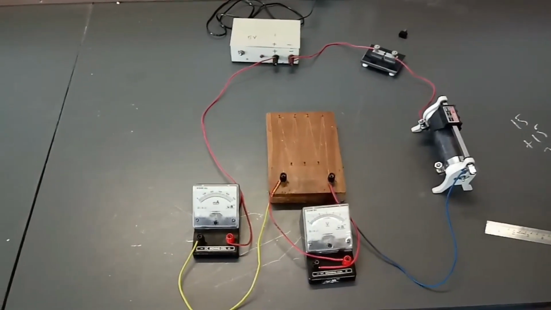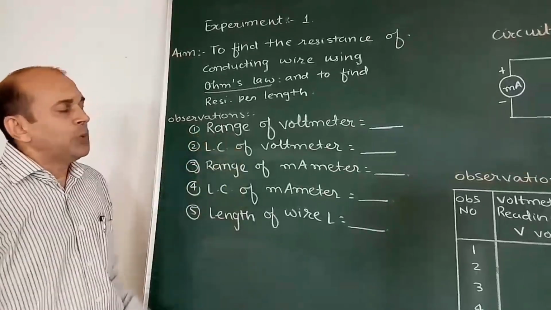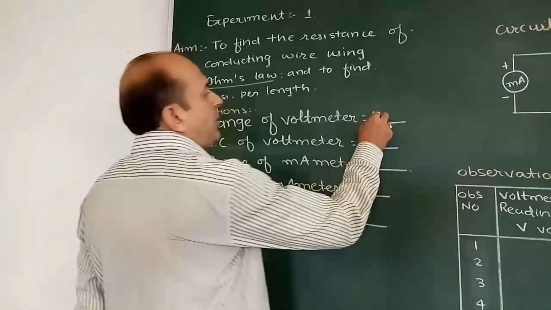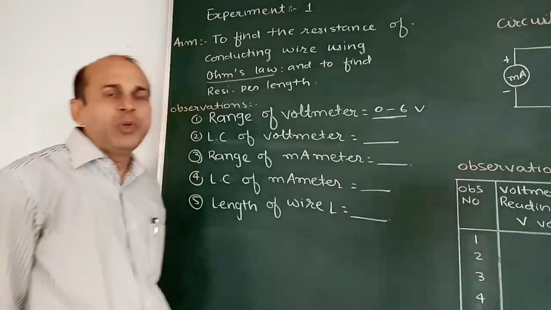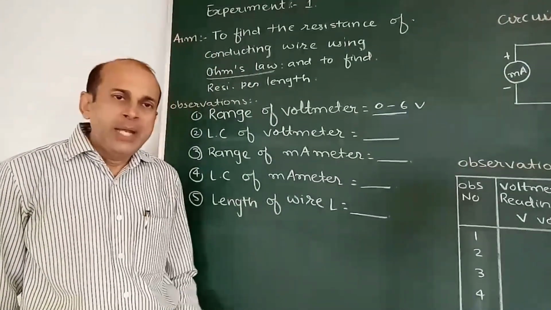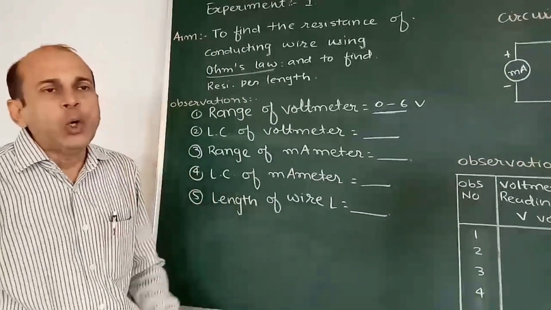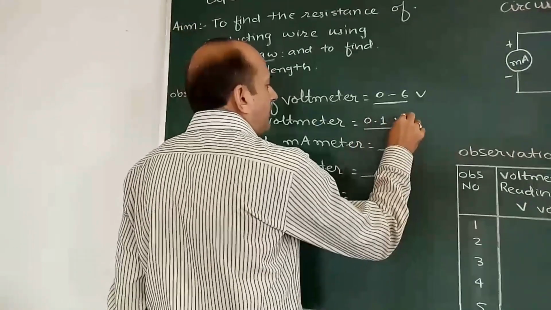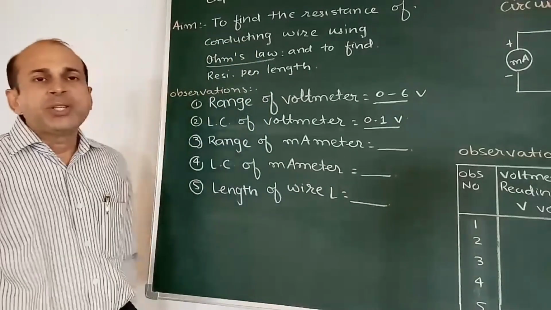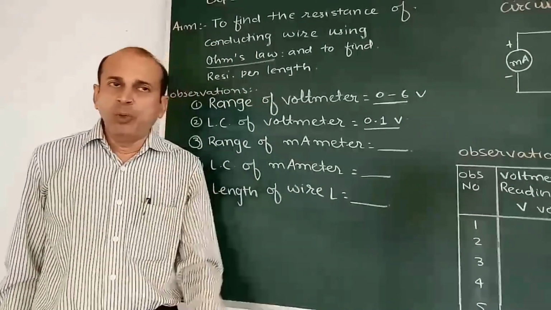Okay. Now the range of the voltmeter was 0 to 6 volt. And the least count, that means the value of one division, was 0.1 volt. So the least count of the voltmeter is 0.1 volt.